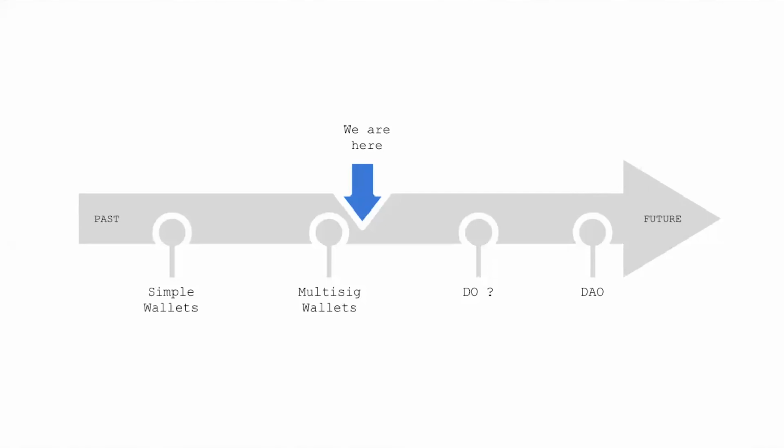But if you want to have a DAO where the entire organization or an entire community is involved in decision-making processes, you really need to think about how we get from where we are to there, right? What's the possible evolution between here and getting to a DAO?